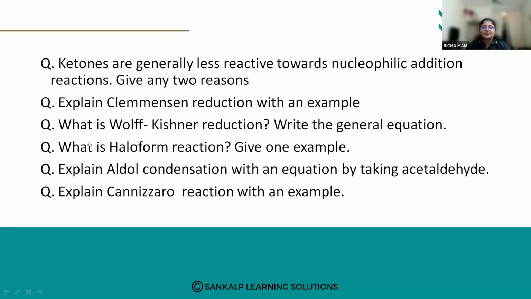Fine. Next question. What is Wolff-Kishner reduction? Write the general equation. How are you going to answer this, students? Here the carbonyl group of the aldehydes and ketones is reduced to a hydrocarbon.